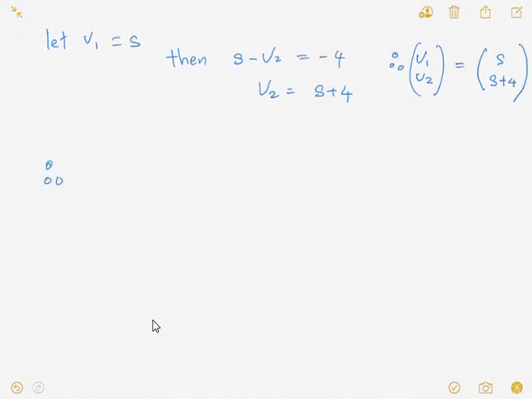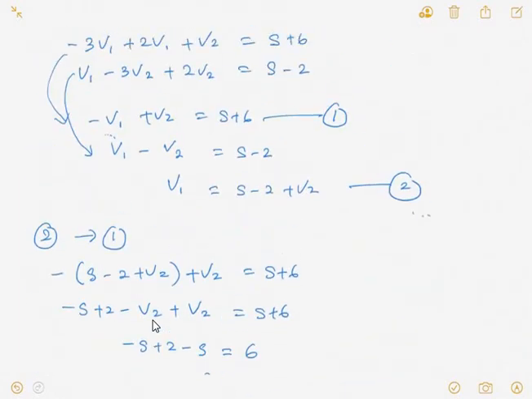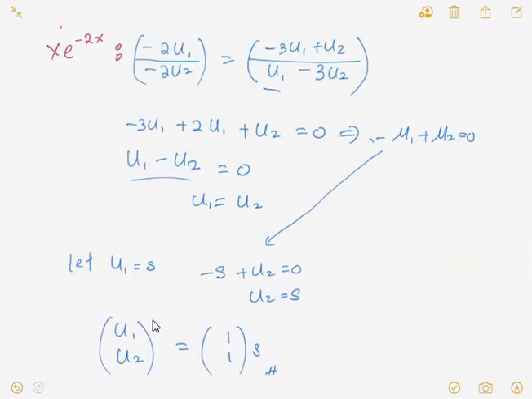So your yp value is (u1 x plus v1, u2 x plus v2) exponent negative 2x. So you substitute the values of u1, u2. From the previous, you obtain u1, u2, right?